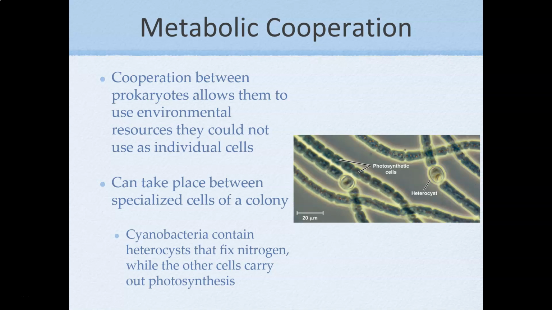So what do we do? Well, everybody in the community has a job to do to hopefully keep the community moving forward. And that's kind of what's happening here. We've got these specialized cells that take on particular roles, and then they share the materials with the rest of the colony. That being said, if these guys end up by themselves off in wherever, they can retain the ability to do all of those jobs that they need to.